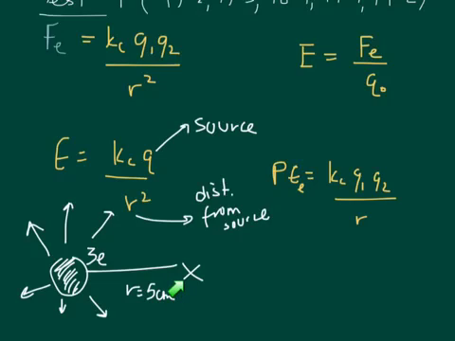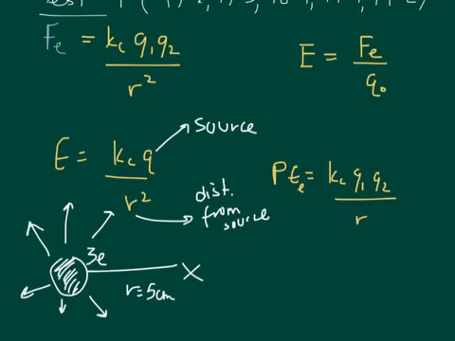Because originally there's no charge here. It's just a point in space. The charge is all here. If I said, what force would a proton feel right here based on the electric field, how would you figure that out?